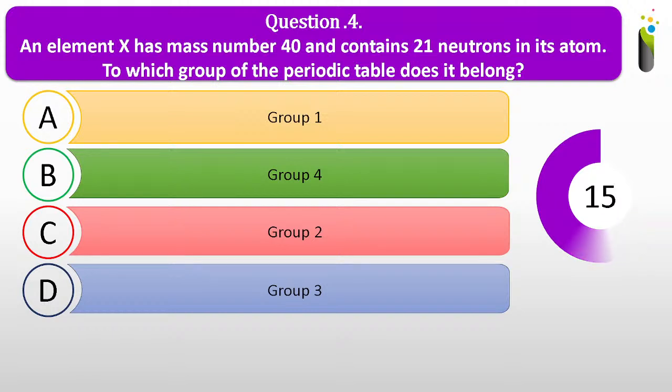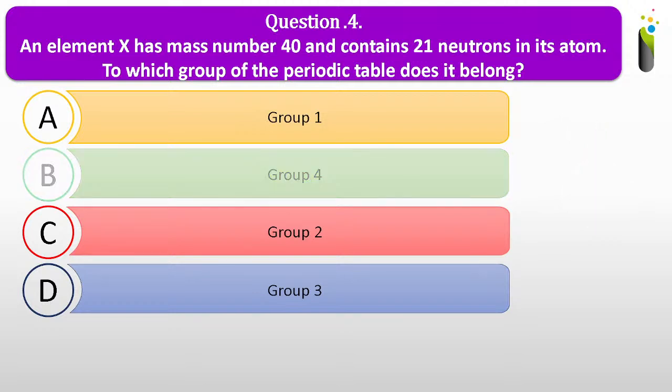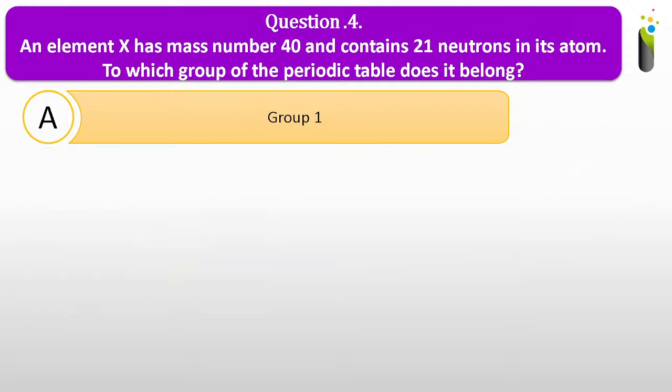And the correct answer for this question is the element X with the mass number 40 that contains 21 neutrons in its atom belongs to group 1 of the periodic table.